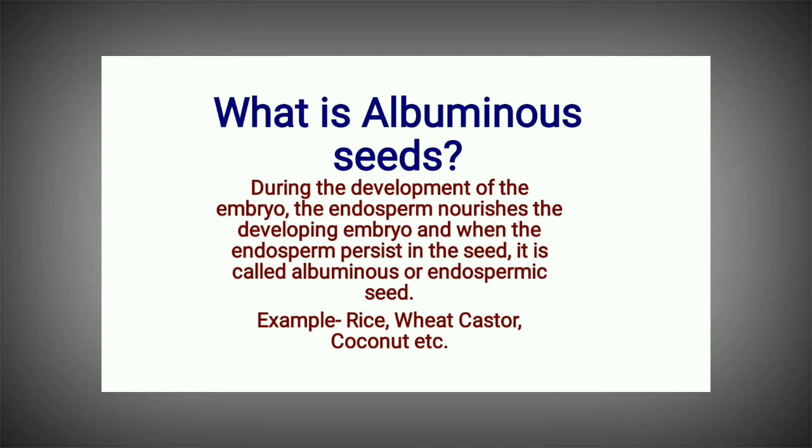During the development of the embryo till its germination stage, the endosperm gets used for feeding the embryo. Sometimes in some seeds the endosperm still persists, and such a seed is called an albuminous or endospermic seed. Examples are rice, wheat, castor, coconut, etc.